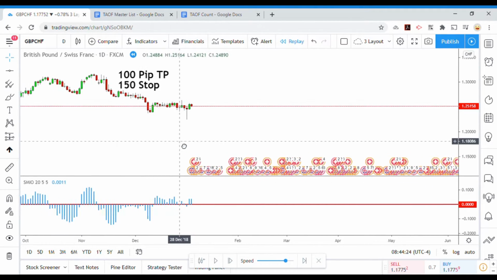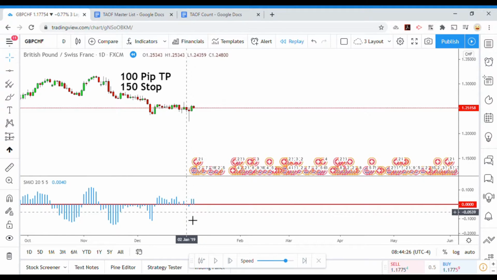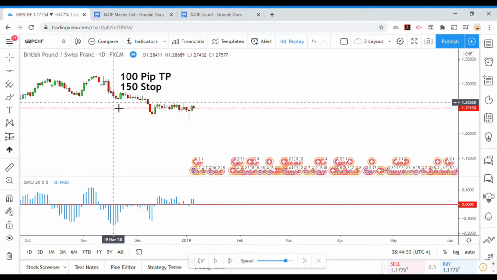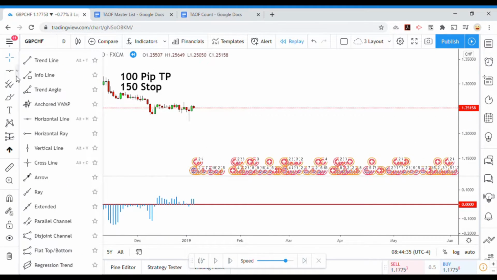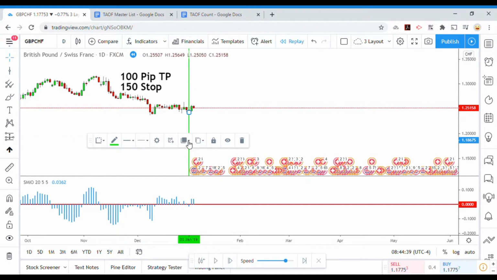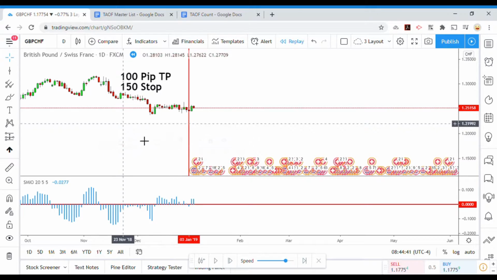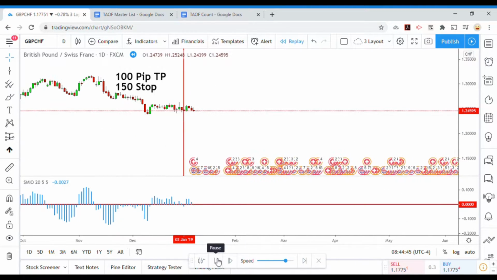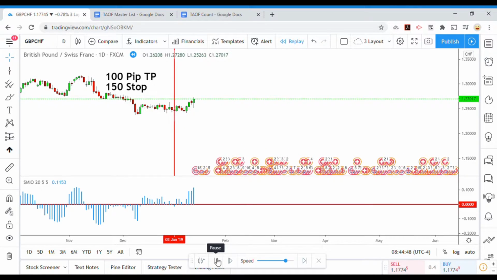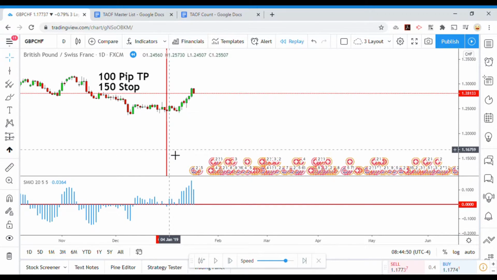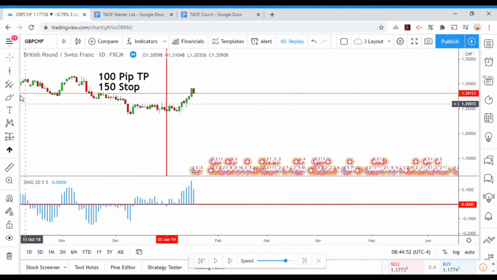As I said, it is a zero line cross, so that is what we are looking for. I set the red line here as the zero line, and so we are looking for trades that drop either below or above that line. Looks like we got our first one right there, and unfortunately that was a losing trade. Then we got this one right here.